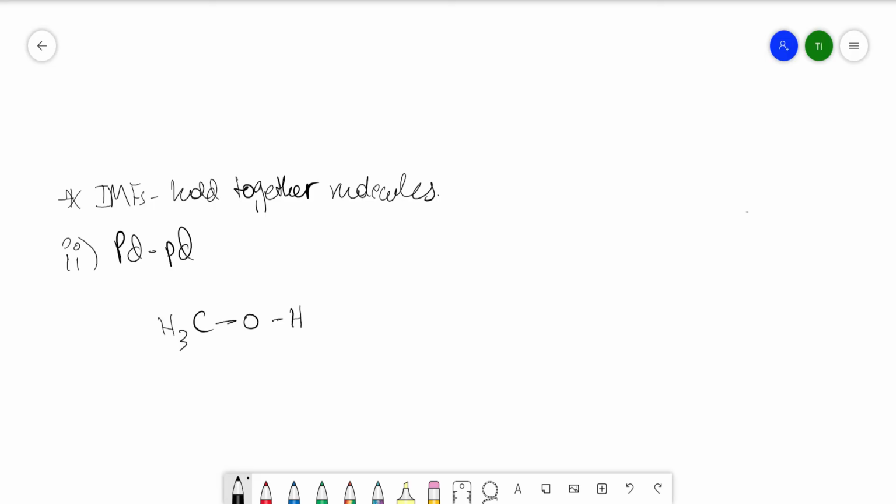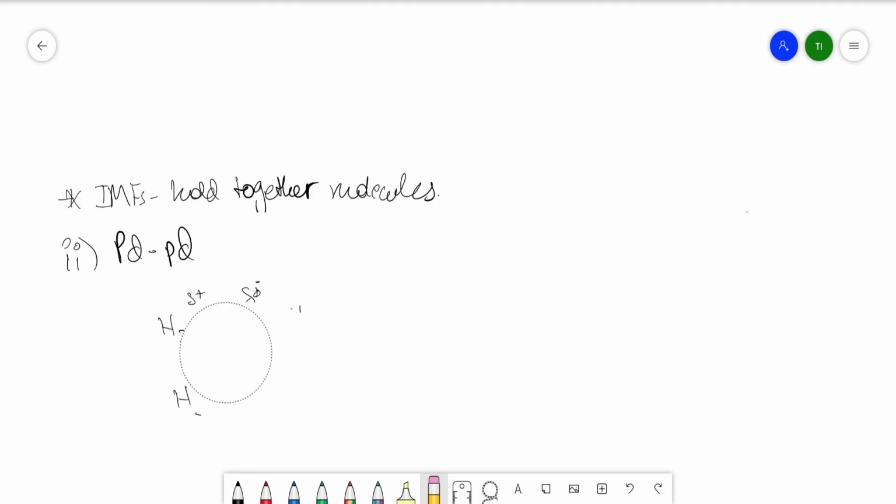This oxygen is more electronegative than carbon, and therefore it has a partial negative charge, and this one has a partial positive charge, and therefore it forms permanent dipole to dipole forces of attraction. So with another of the same molecule, OH, negative, positive, this would be attracted to this, and this would be attracted to this. That is what the permanent dipole to dipole forces of attraction is.